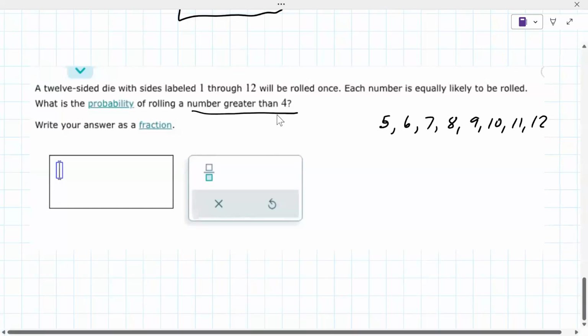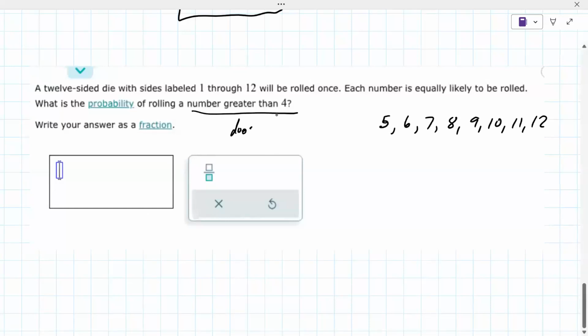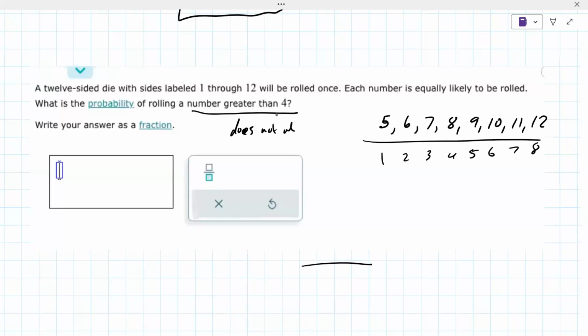Greater than does not include 4. So if we count these, that's 1, 2, 3, 4, 5, 6, 7, 8. The ones we want are 8 out of how many total? 12. This does reduce. You can divide both of these by 4 to get 2/3.